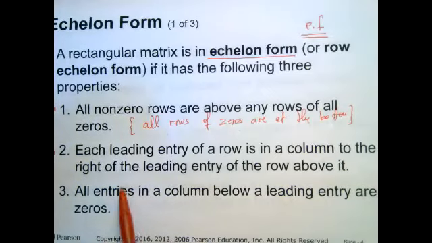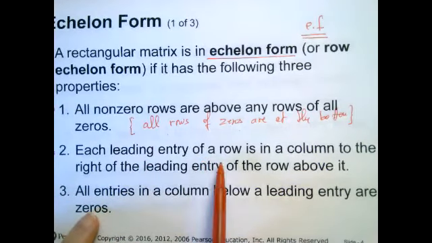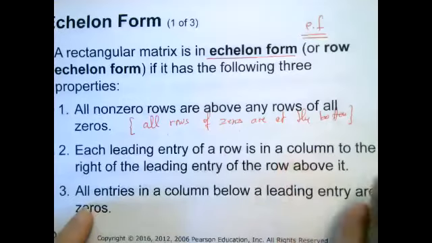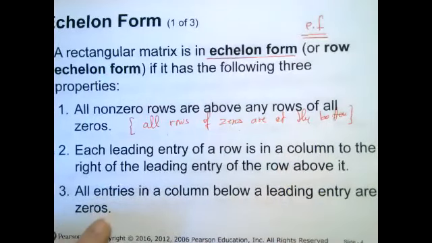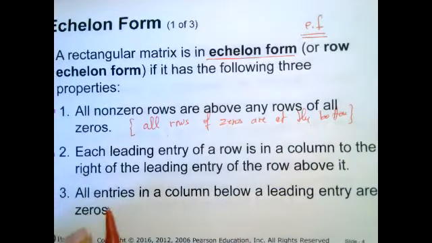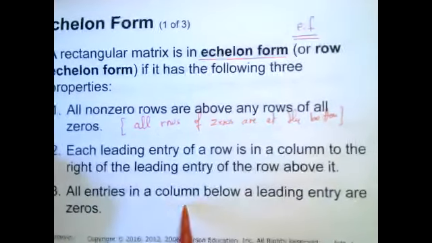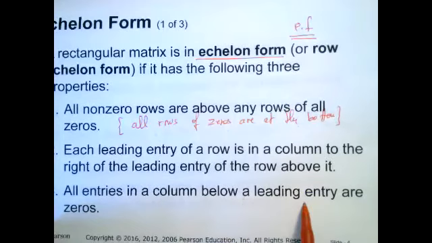Third, all entries in a column below a leading entry have to be 0. Once you have a leading entry, everything below it is a 0.